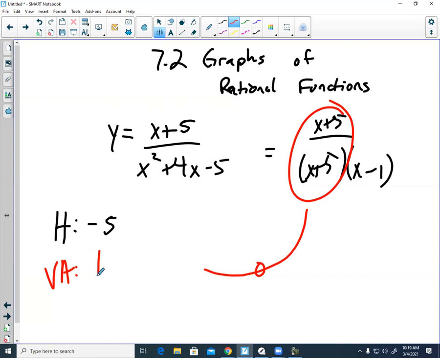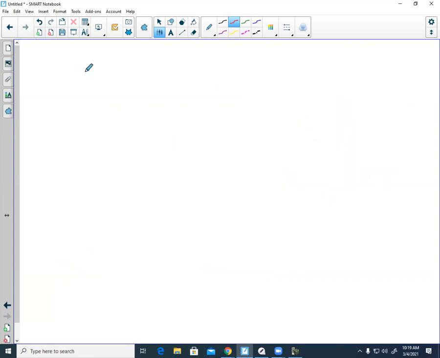Okay? So the way that you can figure that out is not by looking at the factored form, it's by looking at the unfactored form. So I'm going to write all this stuff down so that we can have it in the same spot.